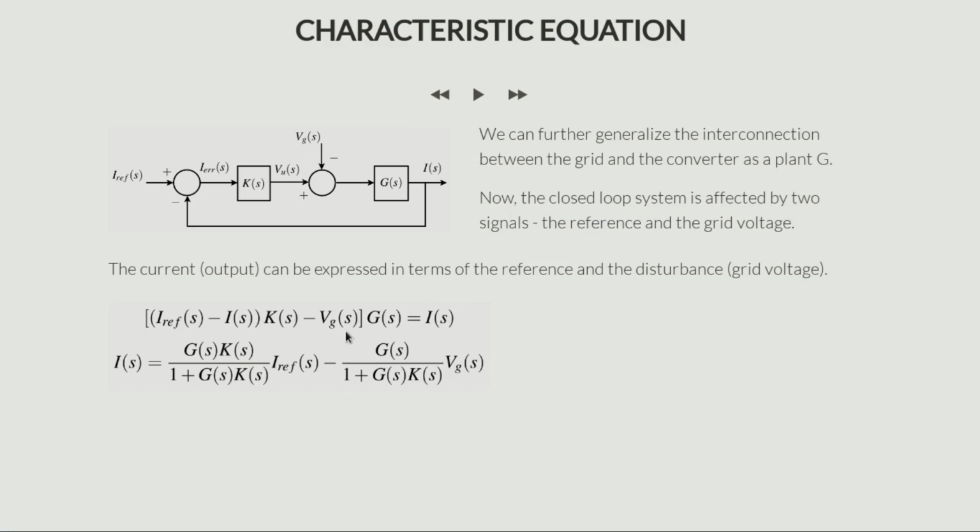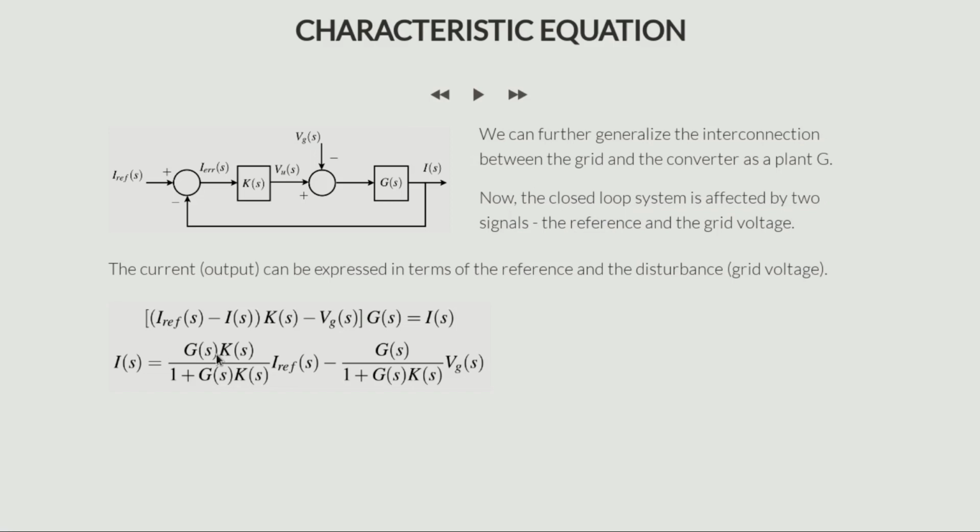All we have to do is rearrange it: take this term to this side, take the common factor and bring it to the denominator. The result is that we have expressed the output current with respect to the reference and the grid voltage. We had also done this two lectures previously, but I am now doing it with respect to transfer functions.